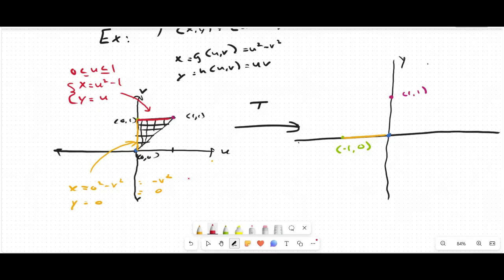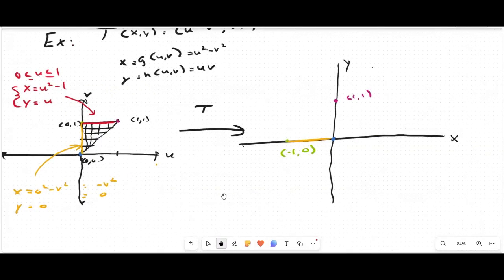What does this look like right here? Hopefully everybody can recognize that as a parametric curve, X and Y as functions of U going from 0 to 1. Well, Y goes from 0 to 1 because U goes from 0 to 1, and X goes to U squared minus 1.